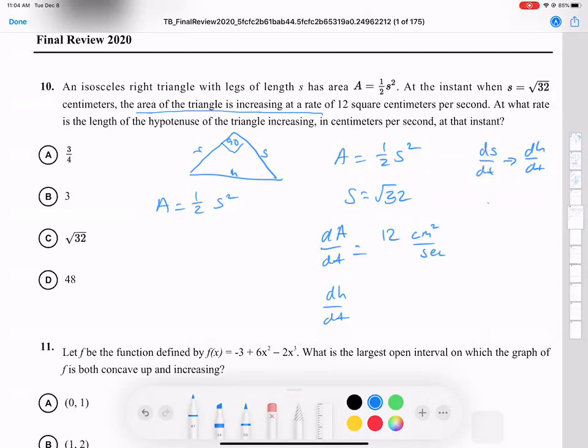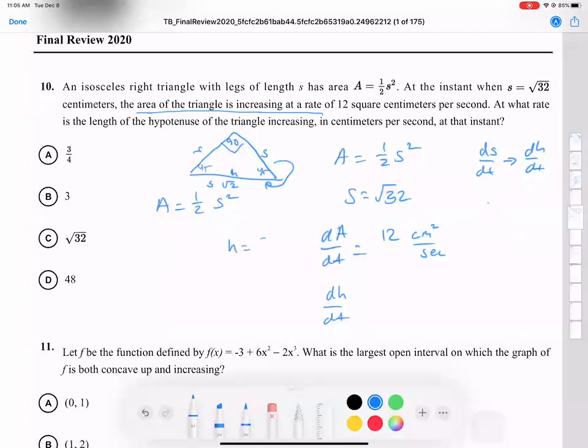Is there a way for us to relate s and h in this 45-45-90 degree triangle? Pythagorean theorem. You can do Pythagorean theorem, but if you remember, this is a special right triangle, and the hypotenuse would be s square root of 2.